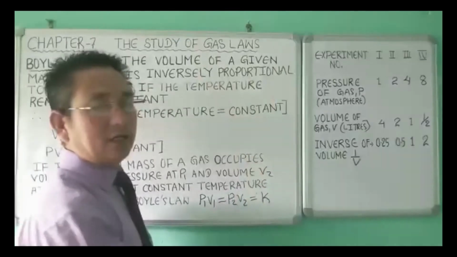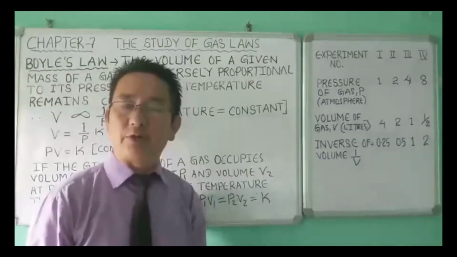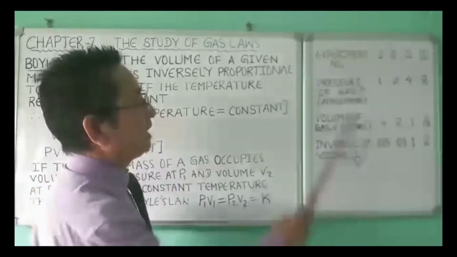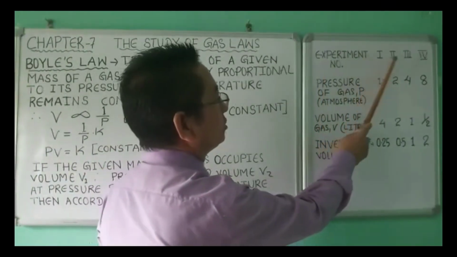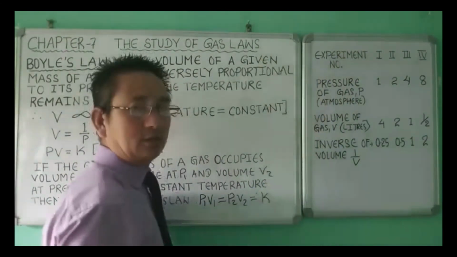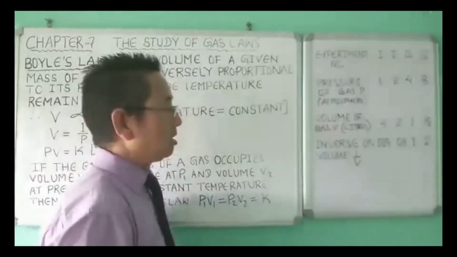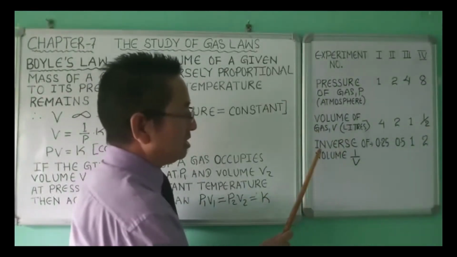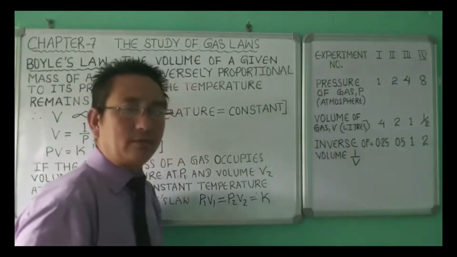His experiment gave the following information for a sample of a gas. See, experiments number 1, 2, 3, 4. Pressure of gas P in atmospheres. Volume of gas V in liters. Then the inverse of volume, that is 1 by V.